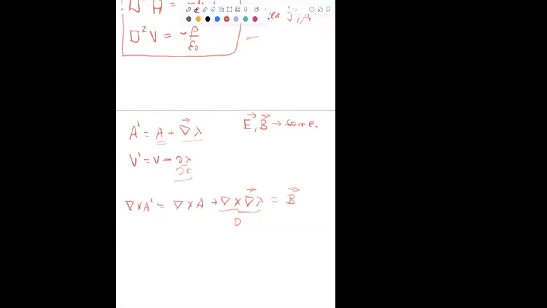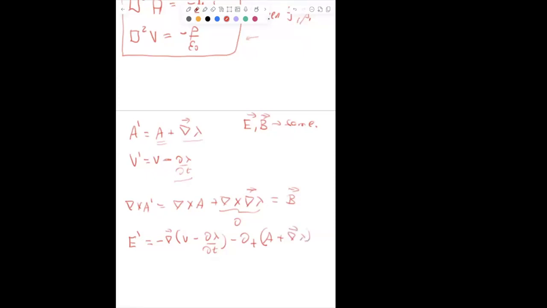And similarly, I can show it for E. So let us look at E prime. Then I need to use the definition that we had before. The trick here is I need to take the gradient of V, but I also need to take the time derivative of A. So this is equal to minus grad V minus d lambda dt, minus d dt of A plus grad lambda, right?